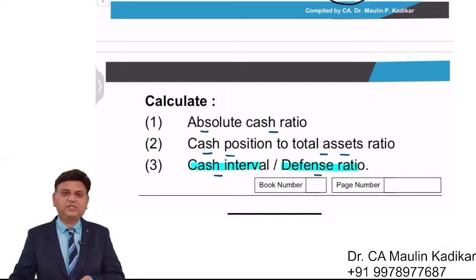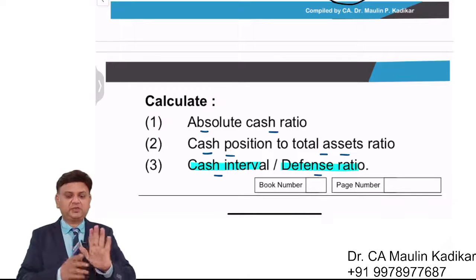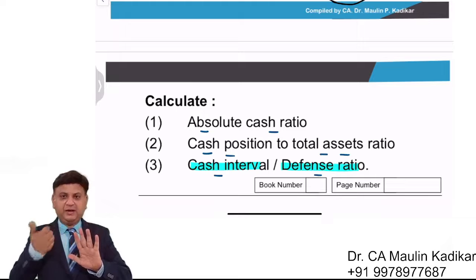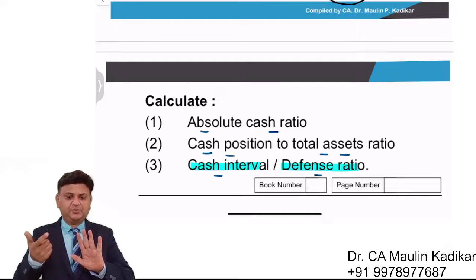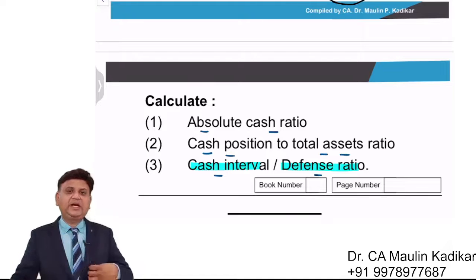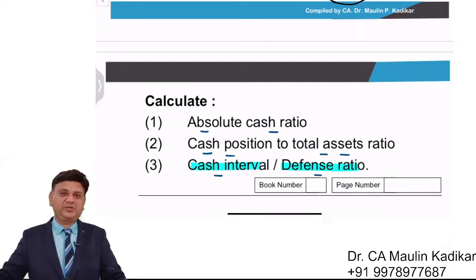Friends, these ratios are also the liquidity ratios. We have seen the liquidity ratios as current ratio, acid test ratio, absolute cash ratio, cash position to total assets ratio, and cash interval or defense ratio. These are the 5 ratios which are measuring the liquidity position of the company.